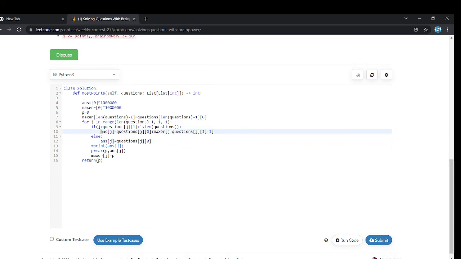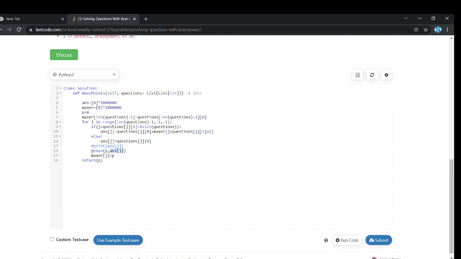And this answer of j basically will represent the maximum point that we have achieved. And after doing this, we can actually maximize our answer by taking the max of whatever current value would be current maximum, and the maximum that we have found from here.